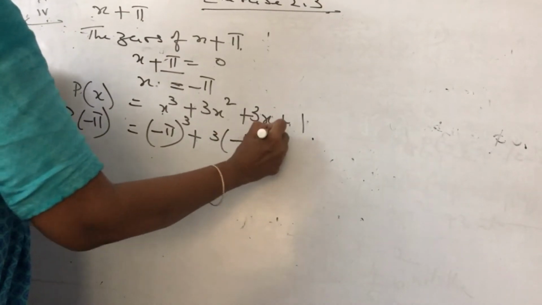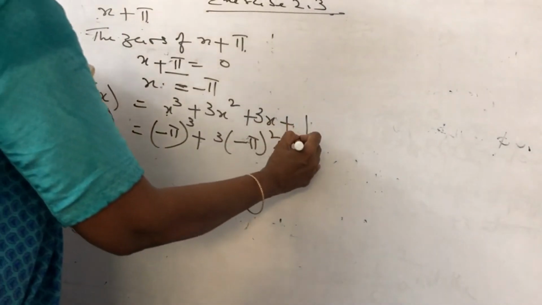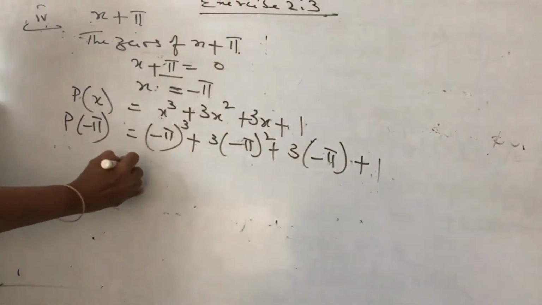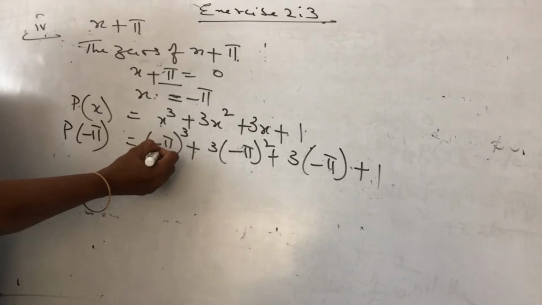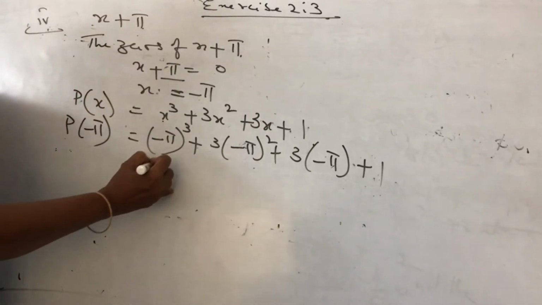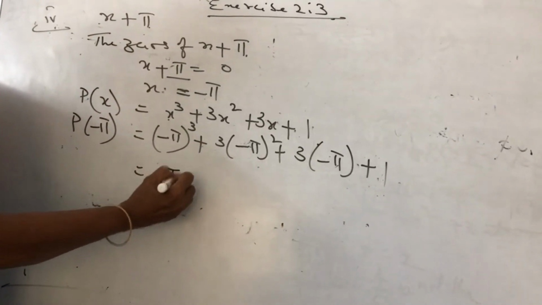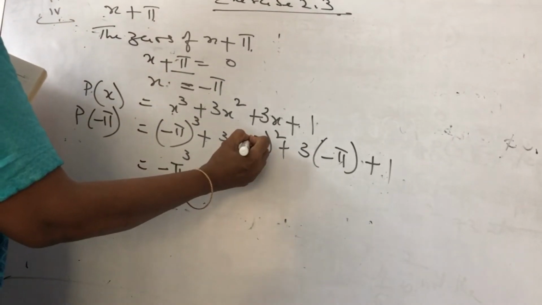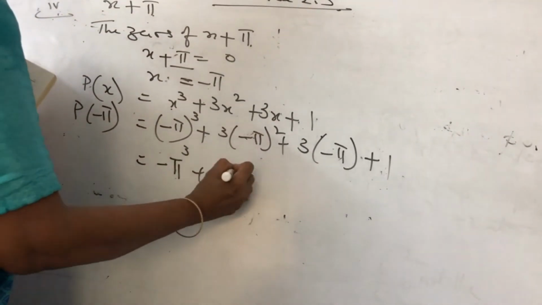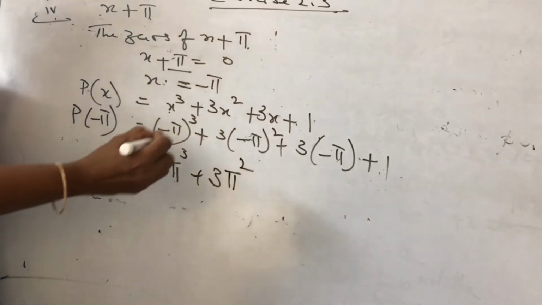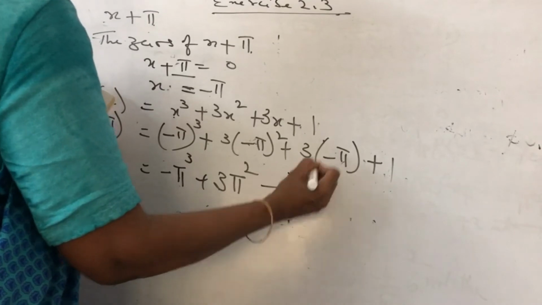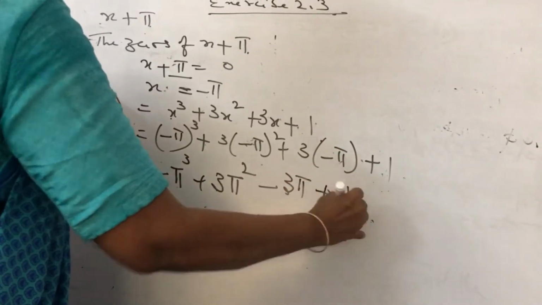Minus pi the whole cube plus minus pi the whole square plus 3 into minus pi plus 1. Minus pi the whole cube. It is minus pi to the power of 3. Minus into minus plus. It is pi the whole square. Plus into minus, minus. 3 into pi, 3 pi.